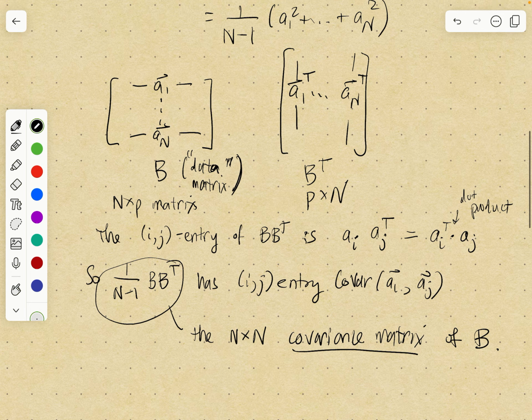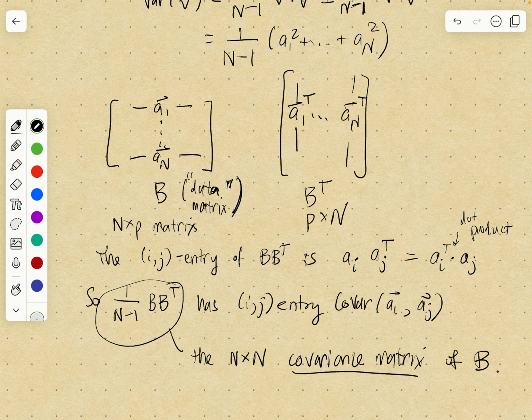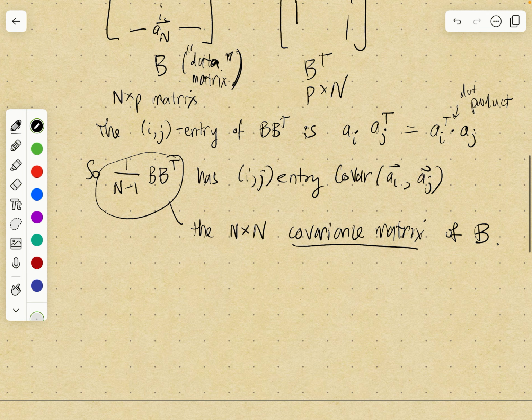So if you have a matrix B, you can form the matrix 1 over n minus 1 B B transpose, and this matrix has the property that the ij entry is the covariance of AI and AJ.